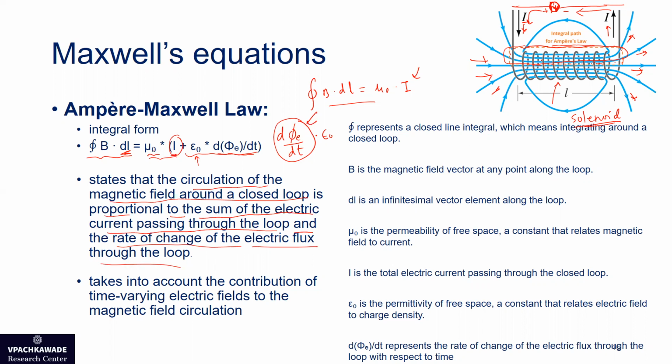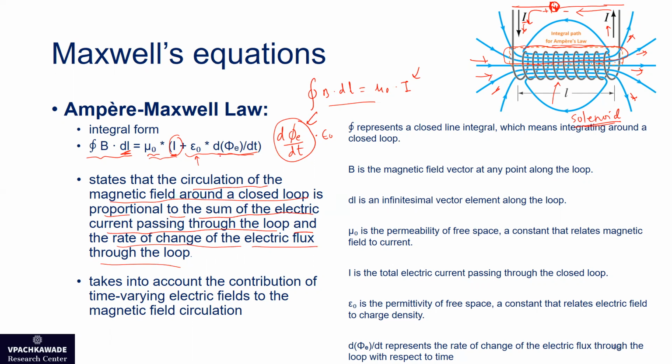So whatever changing flux is happening here, that is d phi by dt, and the electric current passing through the loop, these two components produce a magnetic field. And that magnetic field is also going to be alternating in nature because you have an alternating electric flux.